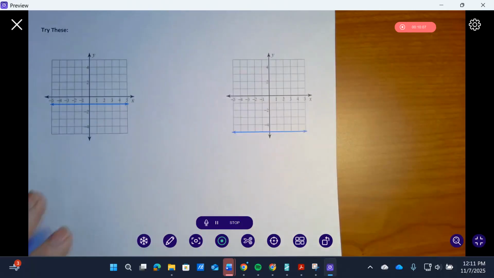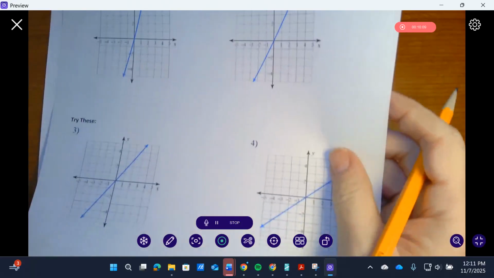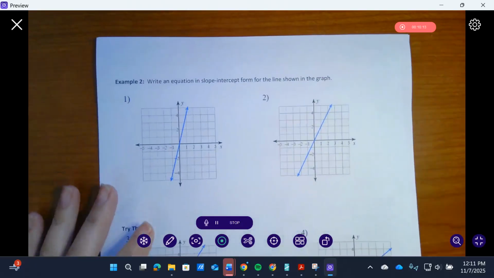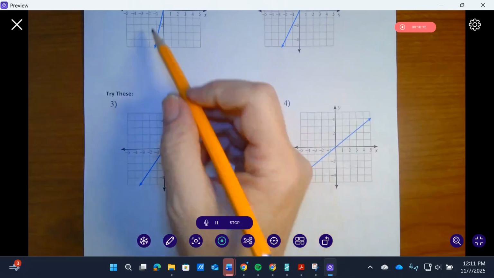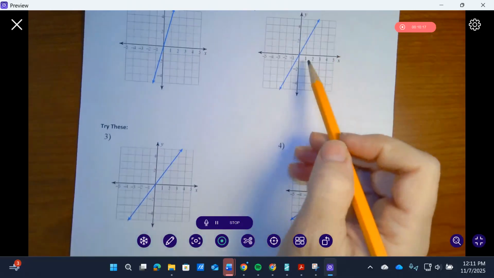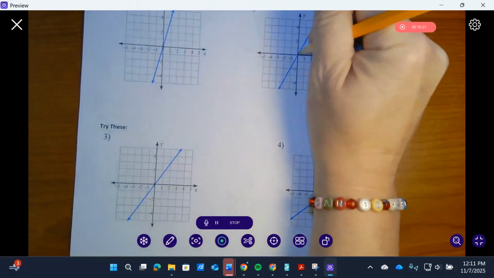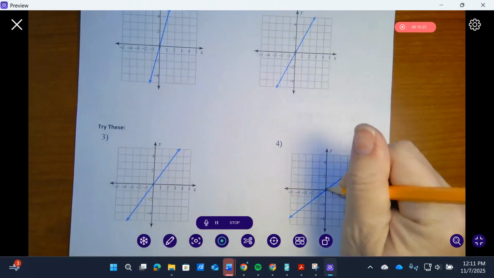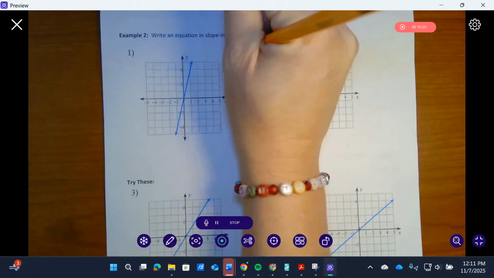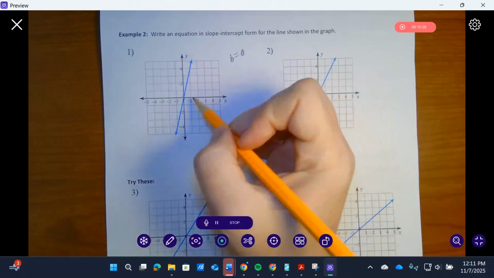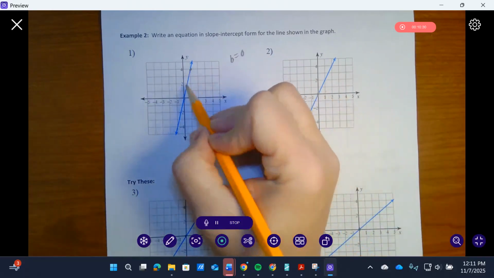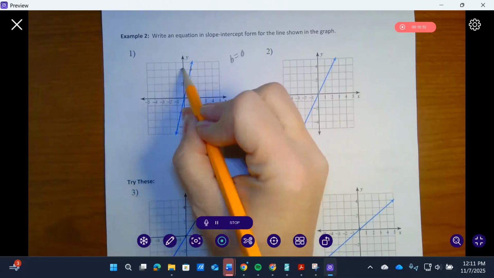Okay, we're going to keep going, just doing a few different types of examples that you might encounter. I actually did one just like that in the previous one. Now you might notice in all of these, my y-intercept is (0, 0). So in all of these examples, my b value is just 0. Okay, so all I really got to do is find the slope here. 1, 2, 3, 4, 1.